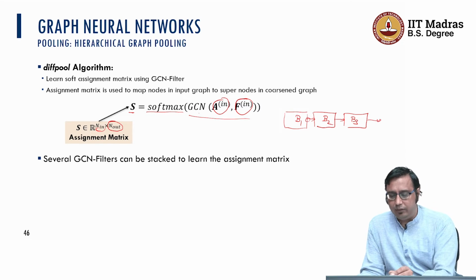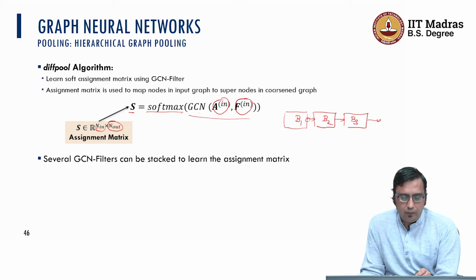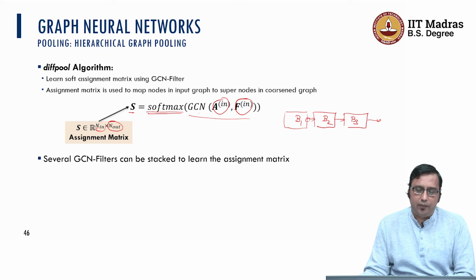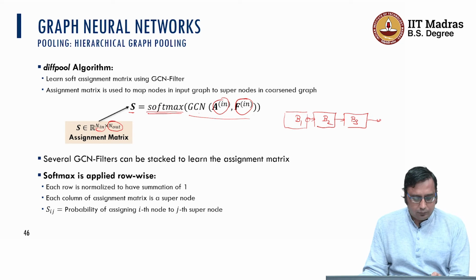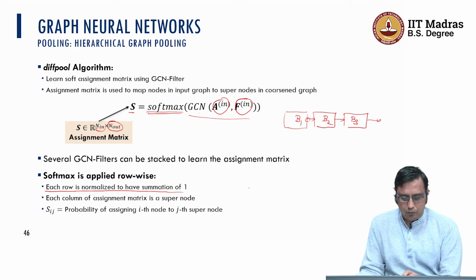And then on the output of these filters, we apply row-wise softmax. Because of the nature of row-wise softmax, each row is normalized to have summation 1.